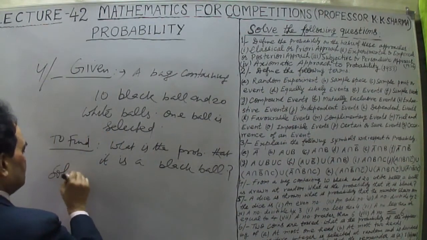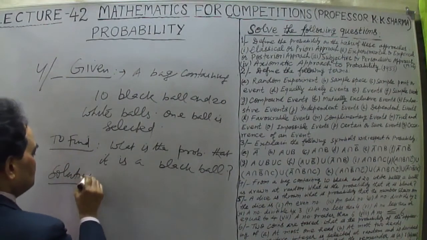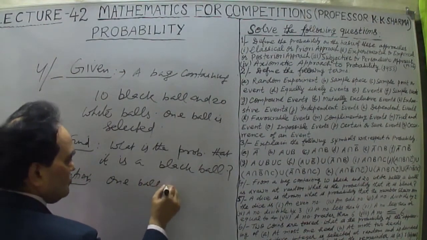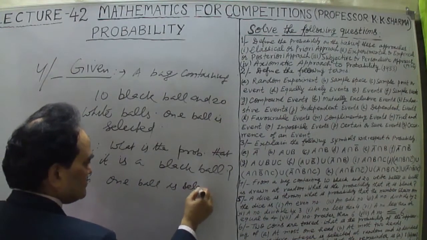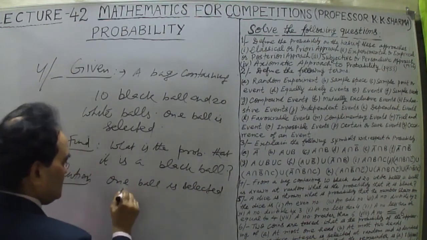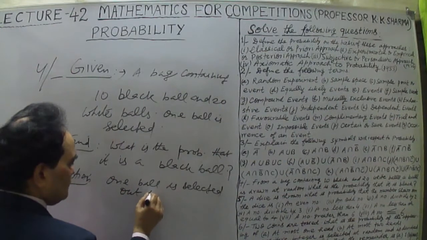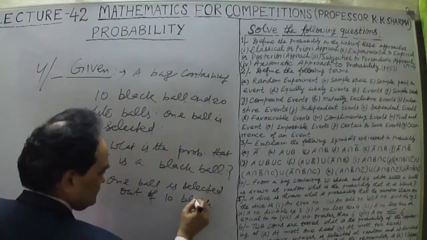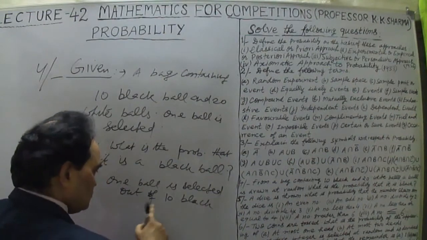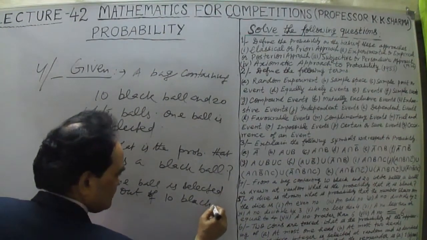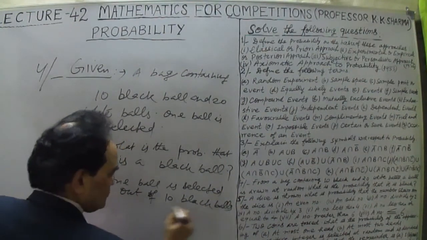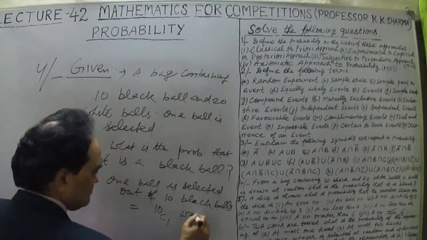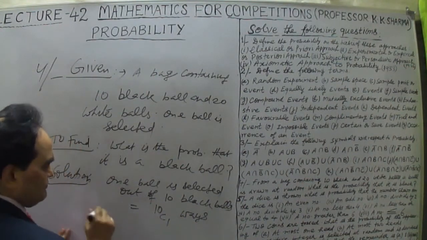Solution. Try to understand. One ball is selected out of 10 black balls, because it must be a black ball. So 1 black ball is selected out of 10 black balls. So the case is 10C1.